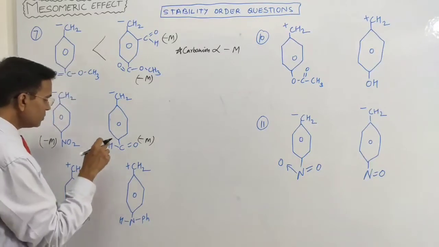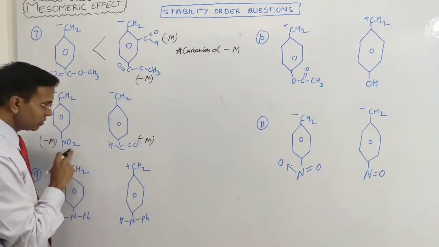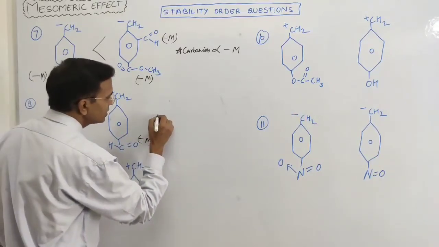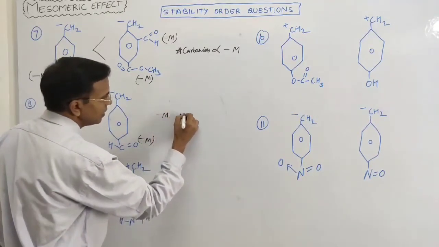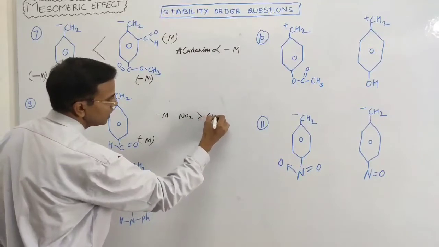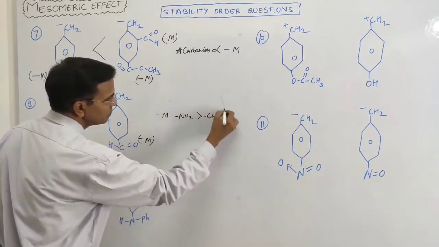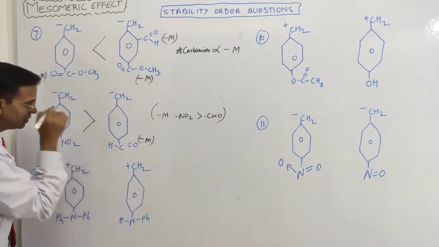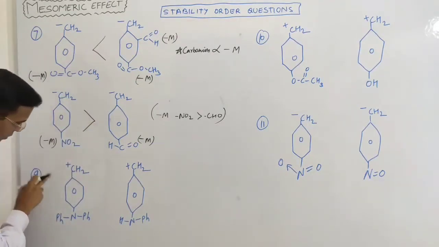So here NO2 shows more minus M effect than the CHO group, right? So this will be more stable. Now the next question.